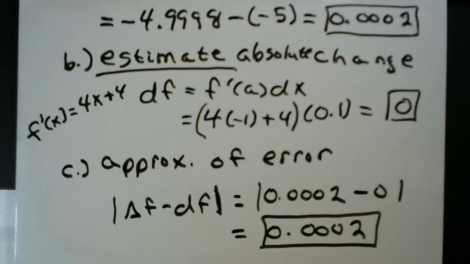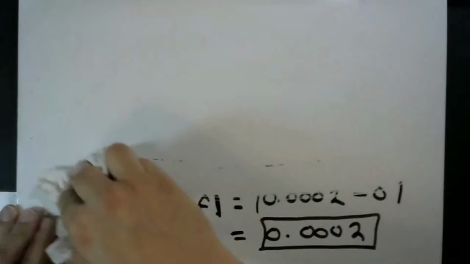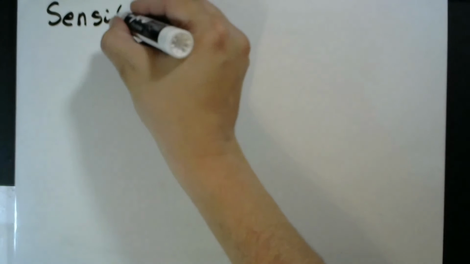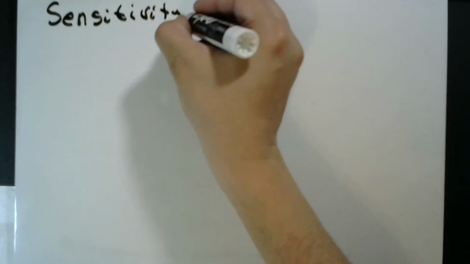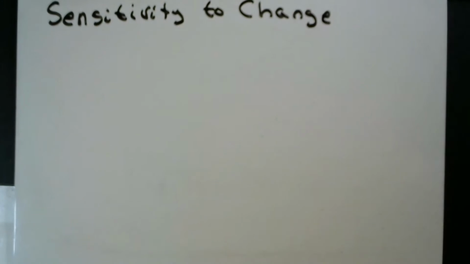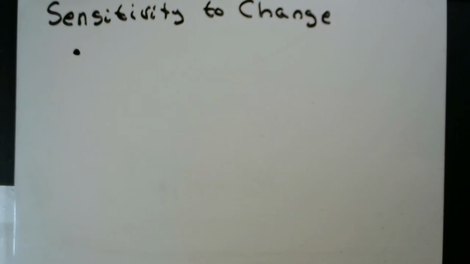So the last thing to mention in this section, it's what they call sensitivity to change. There's a couple ways we're going to look at this. There's different ways of measuring this, and we're going to talk about, first off, what we call true change.